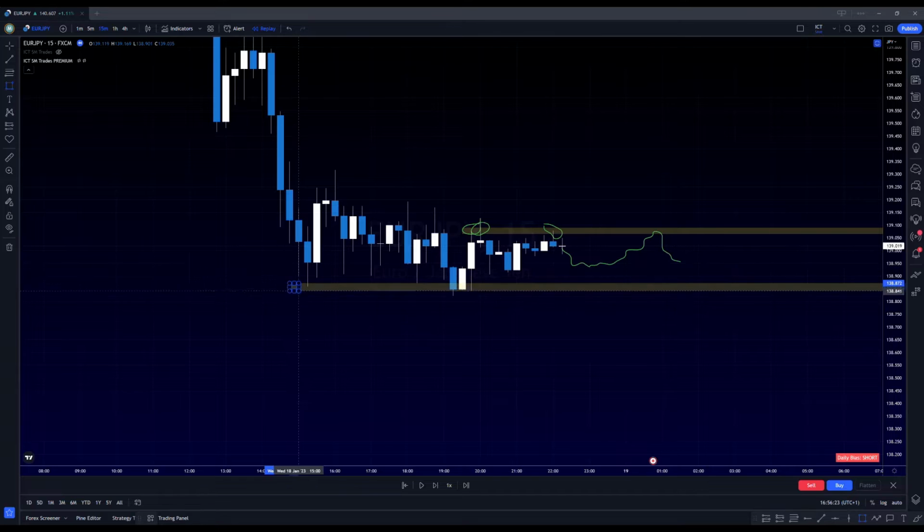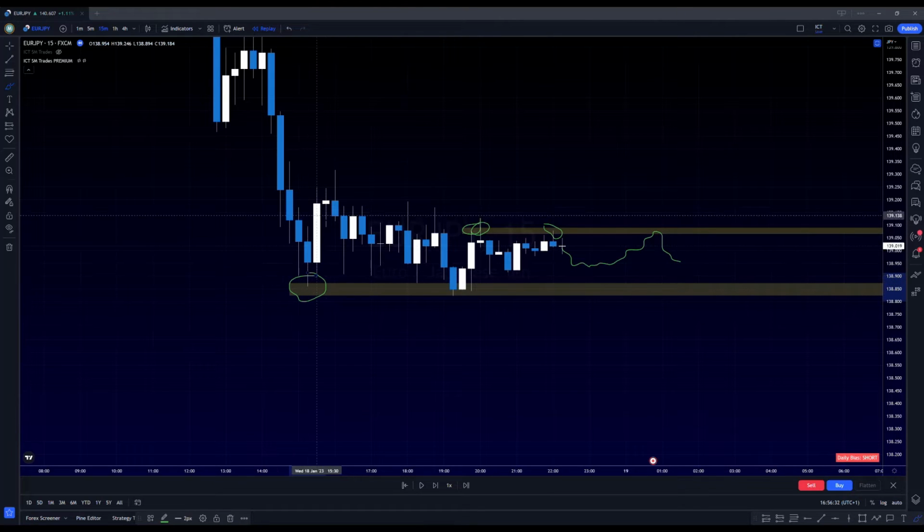And we can find, for example, here, this is the support. This is the first pivot low, price went here, bounced up, and when the price came close to this support, it bounced up here again and here again.